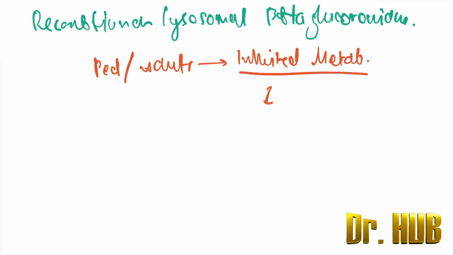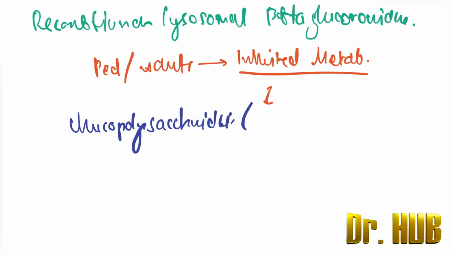So what is this called? This is called mucopolysaccharidosis type 7, that is MPS 7. It is also known as Sly syndrome.